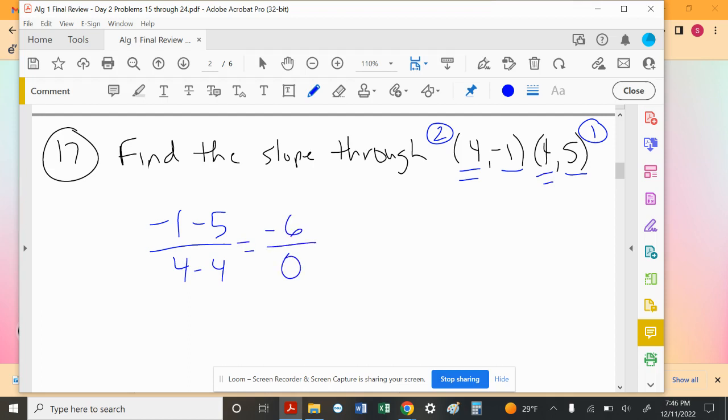Of course, this is undefined or infinity. They mean the same thing mathematically right now, but eventually you're going to learn that that's just an infinite value. So remember, if the zero's in the denominator, it's undefined. If the zero's in the numerator, then it's 0. That's the difference between those two.